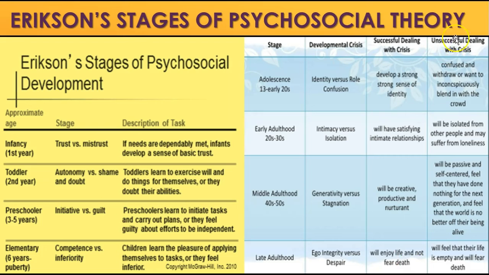But if they are unsuccessful in dealing with this crisis, they will feel that their life is empty and they will fear death. So middle adulthood and late adulthood are two of the stages that Erikson feels most people have problems in. So this is Erikson's stages of psychosocial developmental theory.